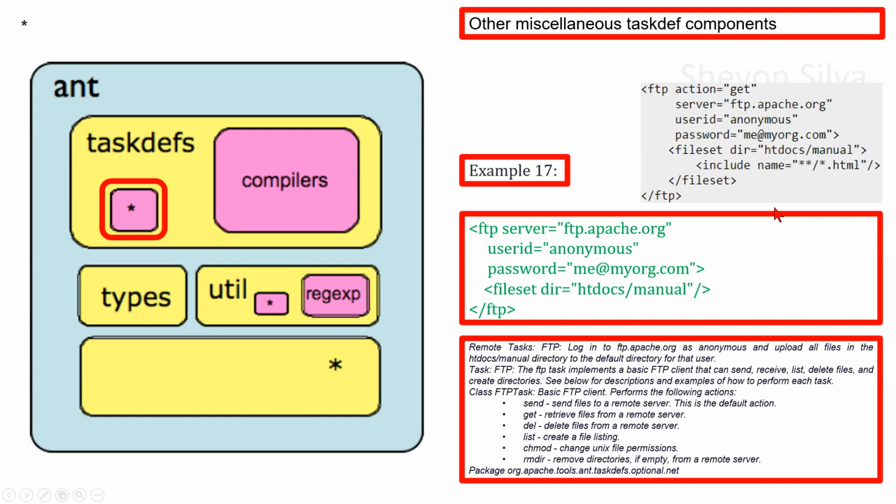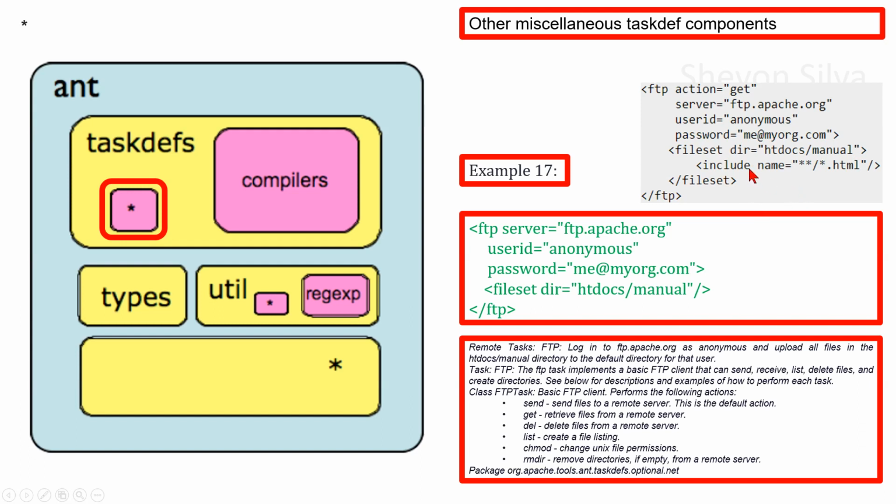Here the getting files from an FTP server works pretty much the same way as sending them does. The only difference is that the nested file sets use the remote dir attribute as the base directory for the files on the FTP server.